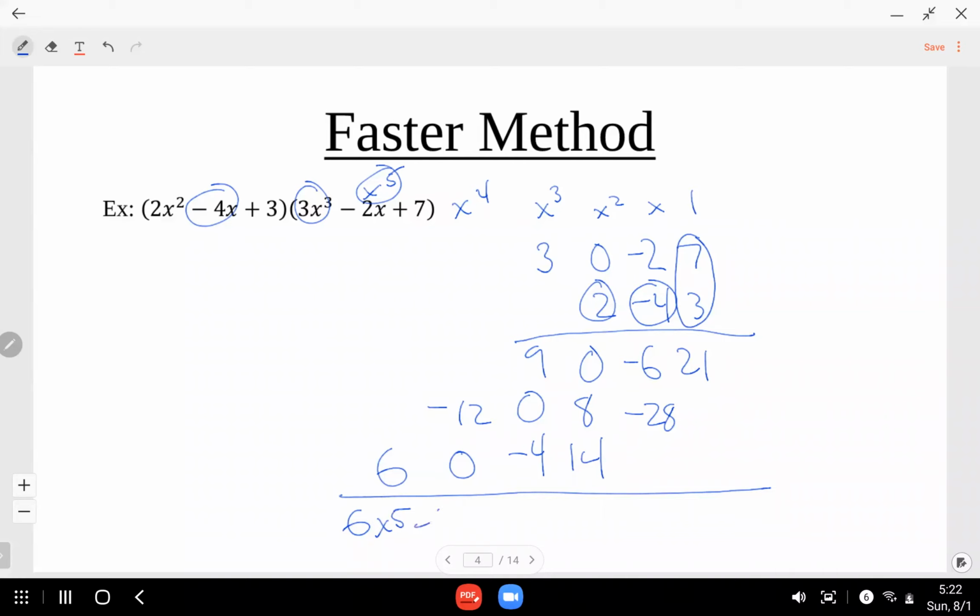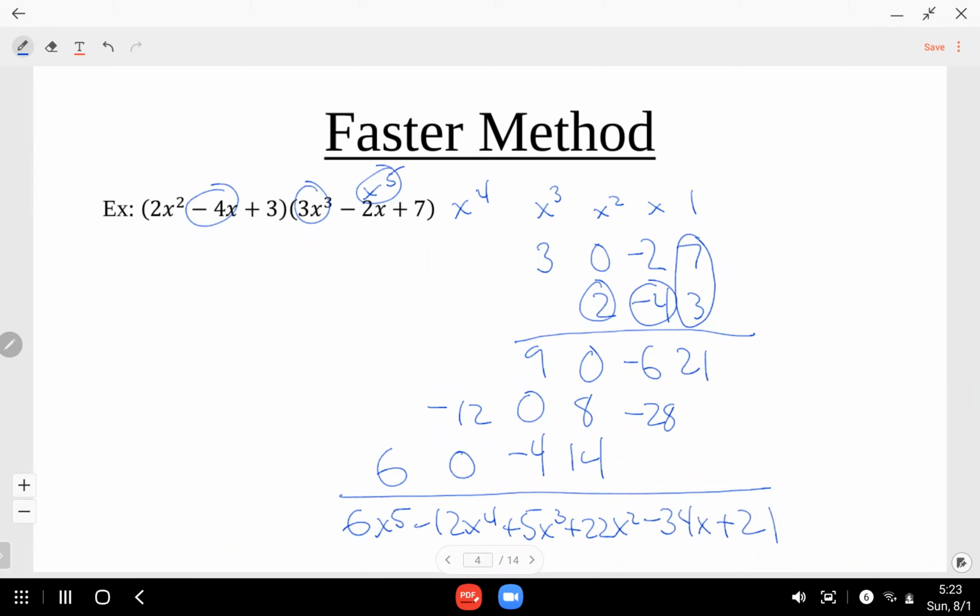Okay, so -2x to the 4th, plus 5x to the 3rd, plus 22x squared, minus 34x plus 21, right? Okay, it's that easy.